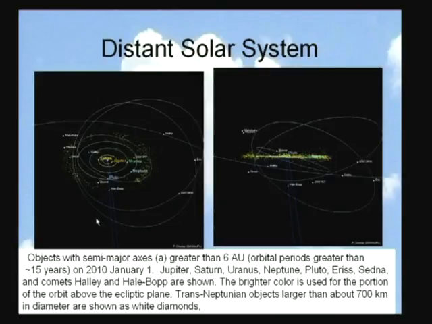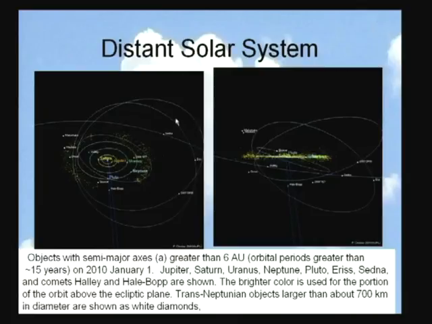In addition to these comets, meteoroids and asteroids, you also have objects like Eris and Sedna, which have been shown over here.